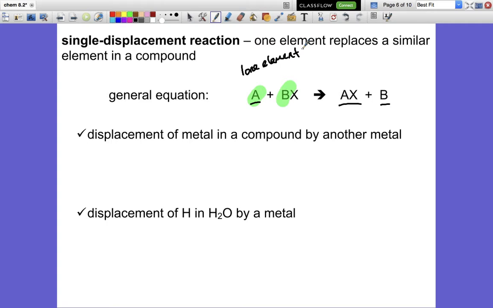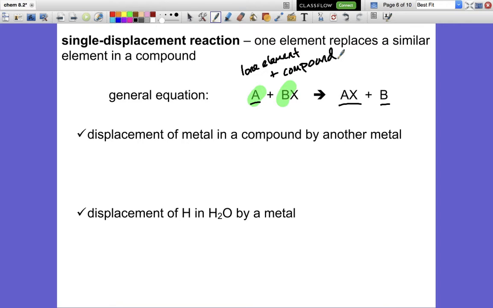Whereas that lone element is going to react with a compound. So B is not all by itself, it's with X already. But A is going to replace B in that compound, then B is going to be all by itself on the other side of the equation. So know what to look for, know how this is going to look.